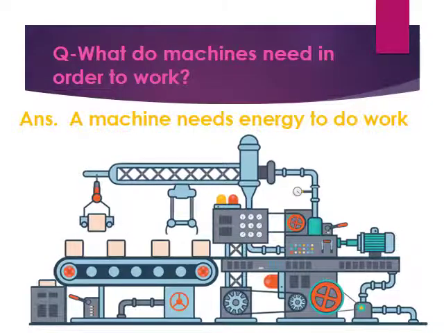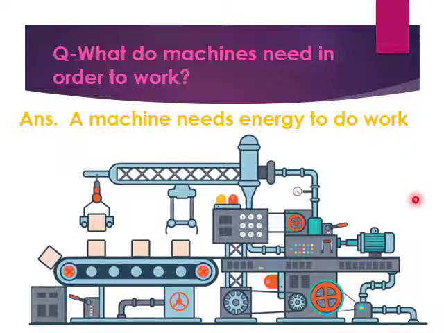My dear students, here is a question. What do machines need in order to work? Yes, my dear students, the answer is a machine needs energy to do work. We use machines all the time.